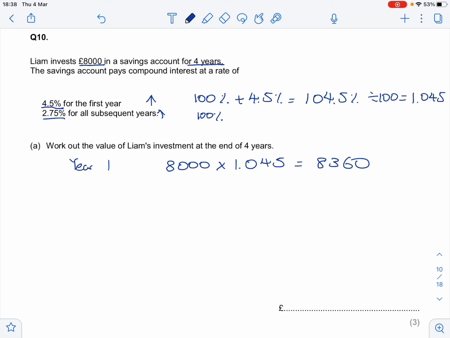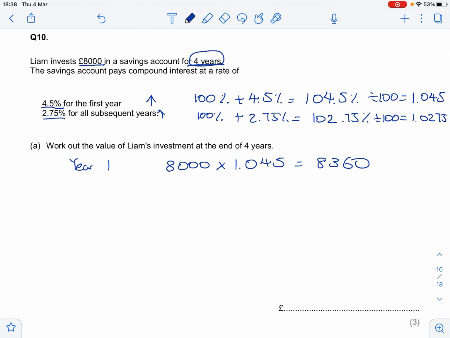Then again, this is a percentage increase. Again, you start with 100%. You add 2.75, and this is 102.75%. You divide by 100, which is 1.0275. So this continues. How many years? 4 years.